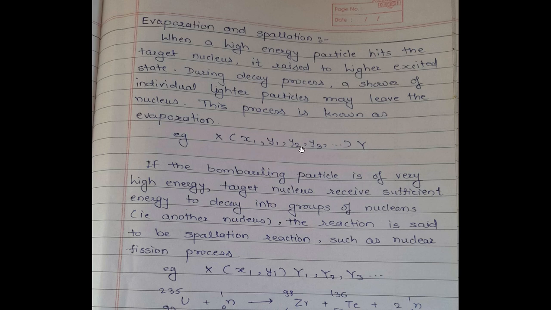Such a process, in which we get the product nucleus along with a large number of product particles, we call the evaporation process. How will this evaporation process be triggered? It will be triggered by x1, which has some higher energy. It gives its high energy to the target nucleus, which is raised to the excited state, and it decays to the product nucleus by liberating a large number of lighter particles.